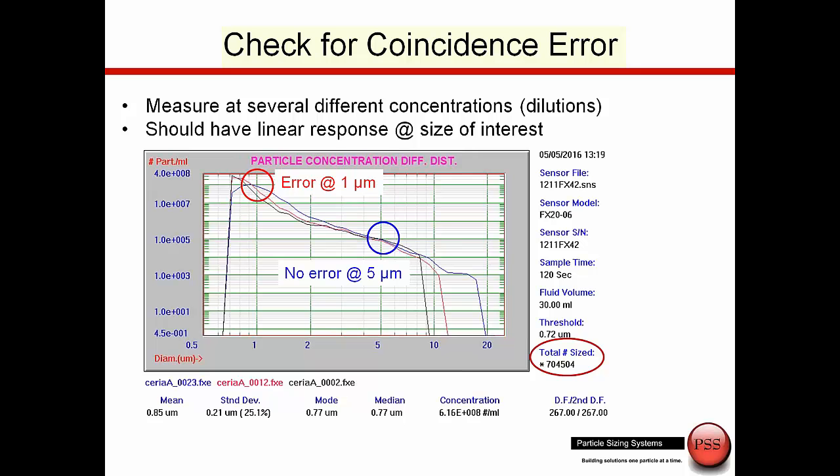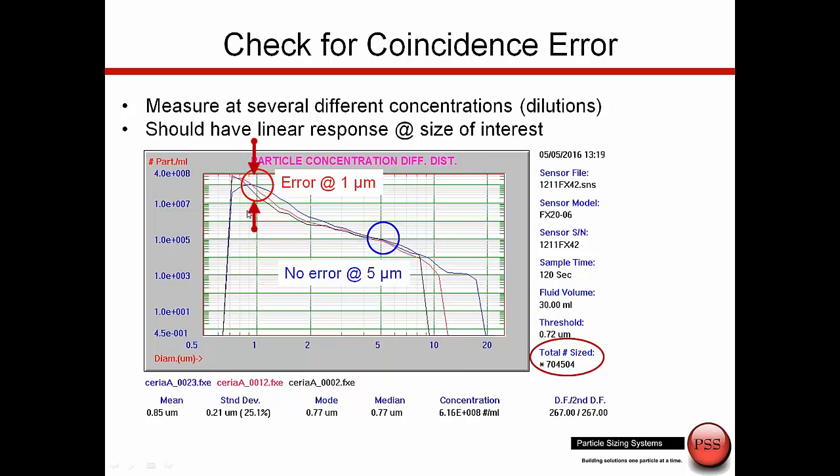This is data taken from a ceria CMP slurry. In this particular study, I was taking measurements at three different concentrations. This is particle counts per ml versus size. If you look at the 5 micron size point, there is perfect overlay, which is an indication there's no coincidence error at 5 microns.